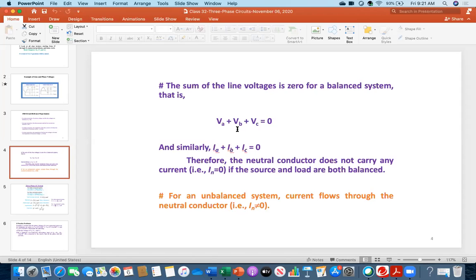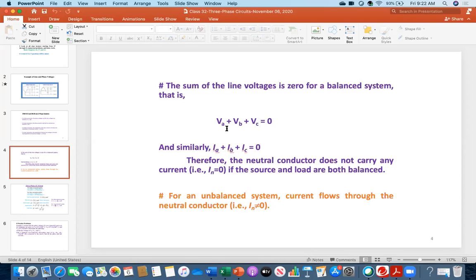Probably you remember that I was telling you each phase is displaced by 120 degrees. The distance between phase A and phase B is 120. So this means, as I said, VA plus VB plus VC should be 0 in case of a balanced system. But if it is an unbalanced system, then it will not be 0. That is the conclusion. You can prove this with any example. Assume VA is 100 volt, VB is 100 volt and VC is 100 volt, and then add the phase angles.